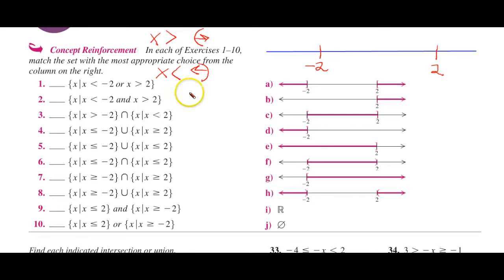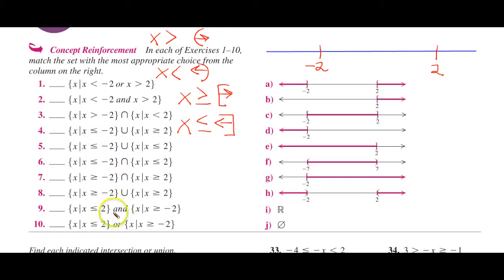And then we said if x is greater or equal to something, now the number is included in the set, and we would use a bracket, again, facing to the right. And the same is true for the other. X is less than or equal, we're going to use a bracket facing to the left.